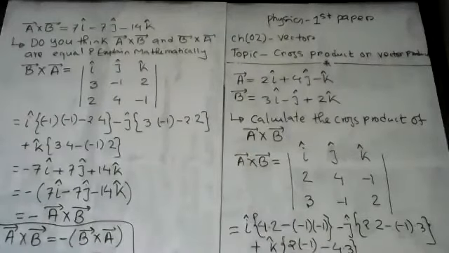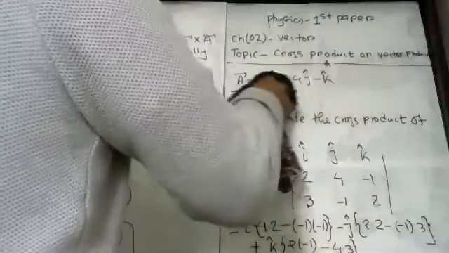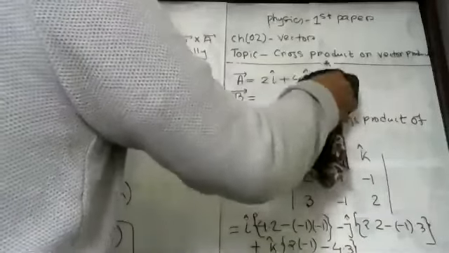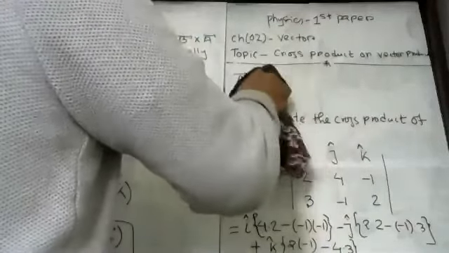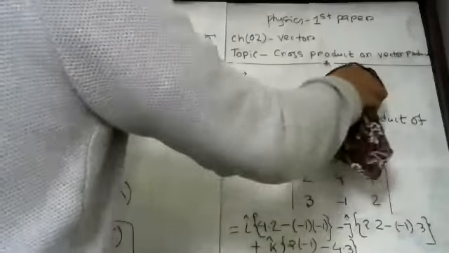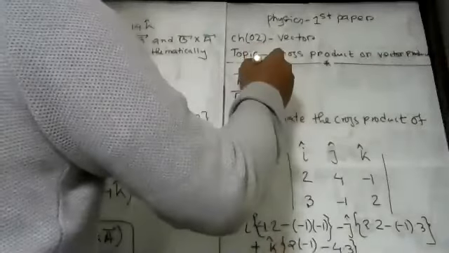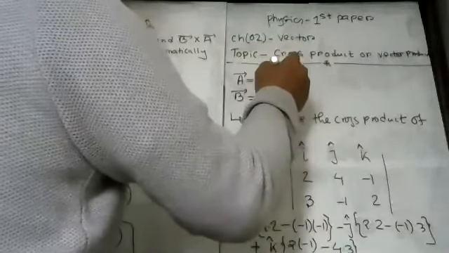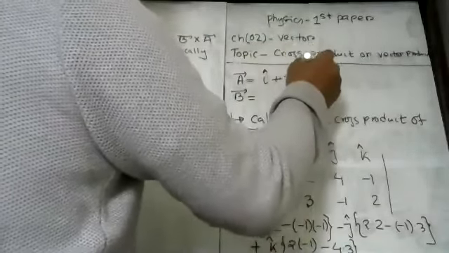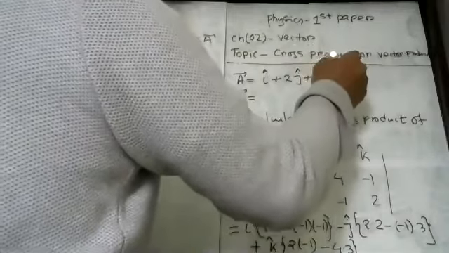Okay, sir. Suppose I'm going to change the digit here, vector A with vector B. Suppose the first one is I hat plus 2j hat plus 4k hat.